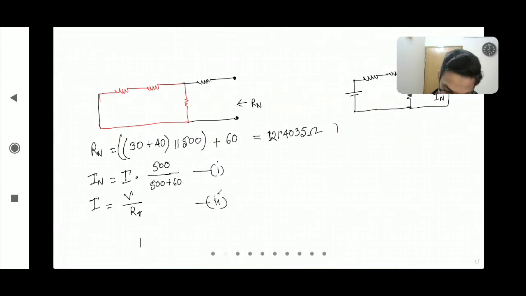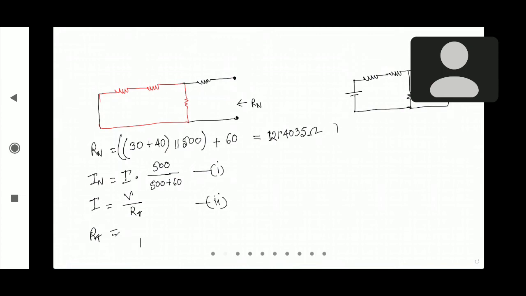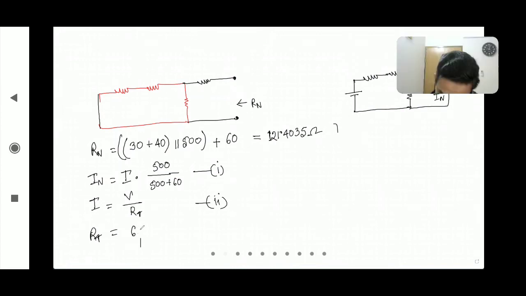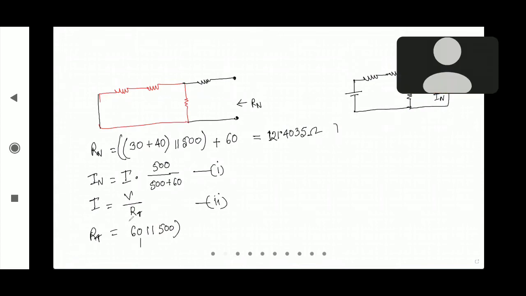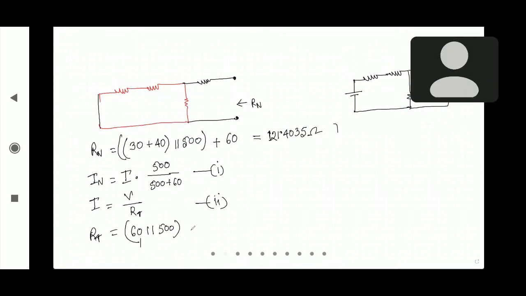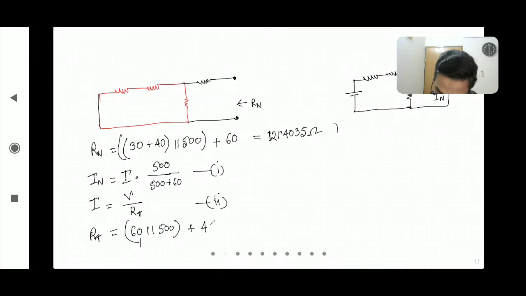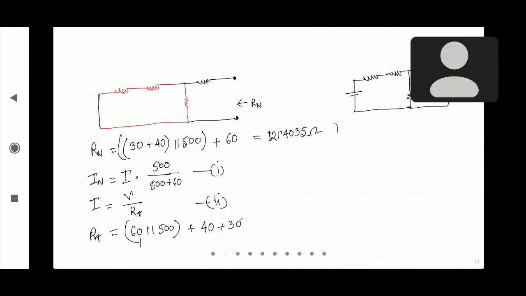We also don't know the RT. So what is the equation of RT? 60 parallel with 500, then in series with 40 and 30 ohm. Is it the same for all of you as well?